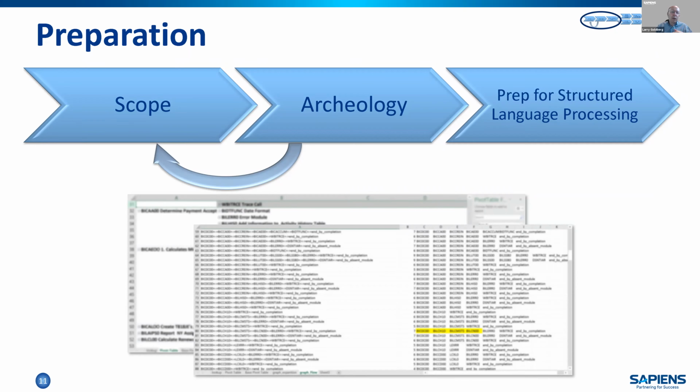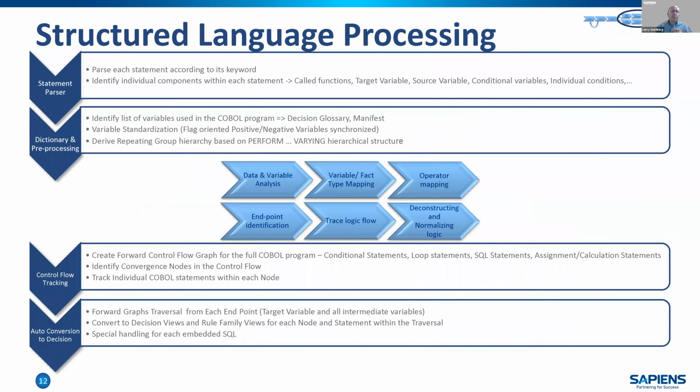We're looking at some of the graph information that you derive from following the variables through the code. So we're going to follow the two traces of the operation: the data at the top layer, and the control flow tracking, and the auto conversion to decision in the bottom track.